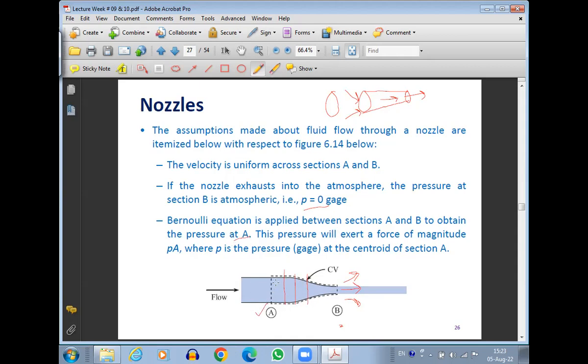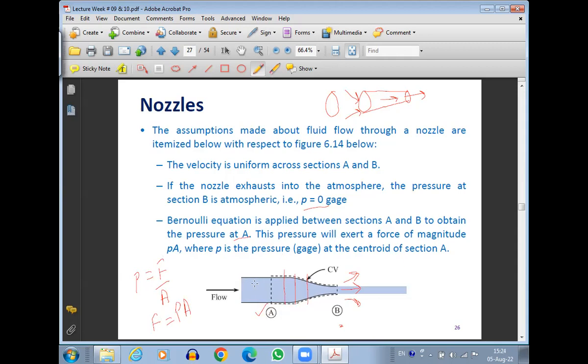The pressure will exert a force of magnitude PA. So whatever the pressure is at A, corresponding to that pressure, the force of the fluid will be exerted over the nozzle at this point. Since we know that pressure is force over area, in this case the force of the fluid will be pressure multiplied by area, and that will be exerted at this point, where P is the gauge pressure at the centroid of the section.